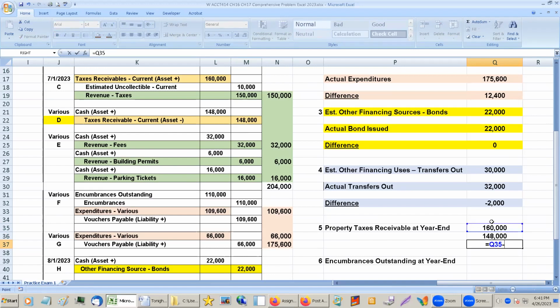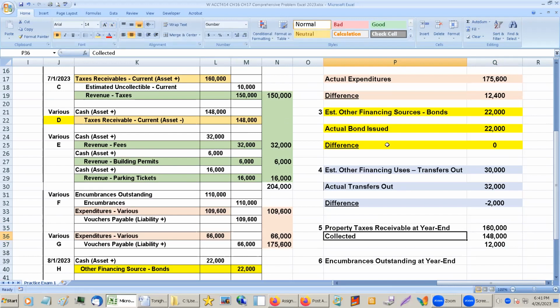Okay, so this is the collected. And so this will be the ending taxes receivable, or property taxes receivable if you put property on there.